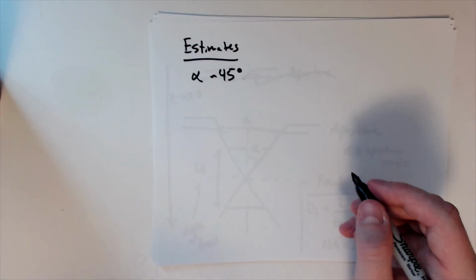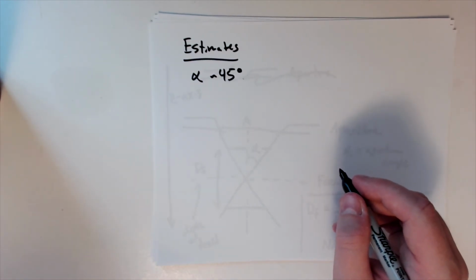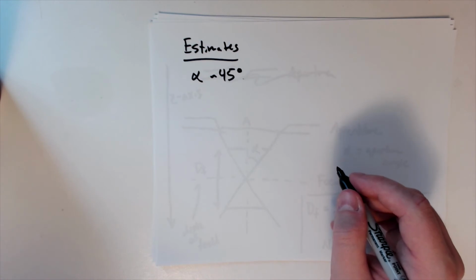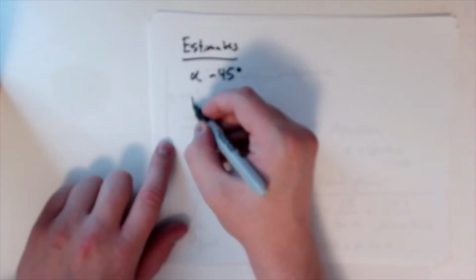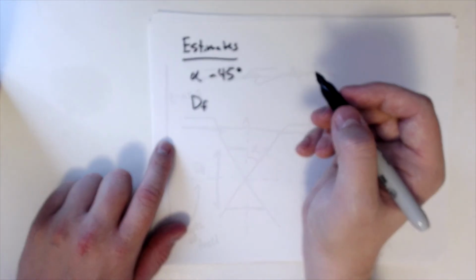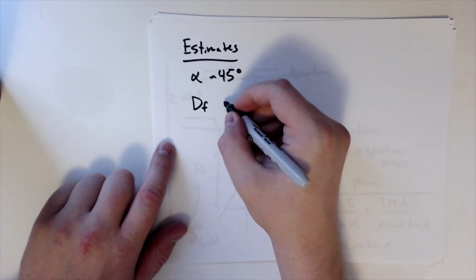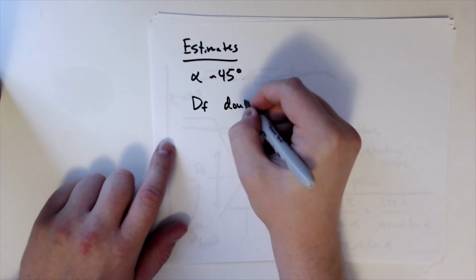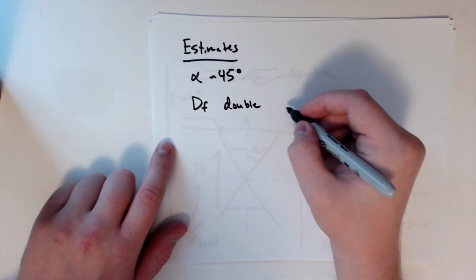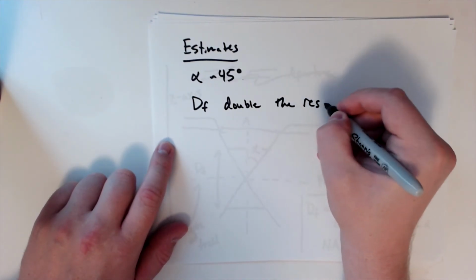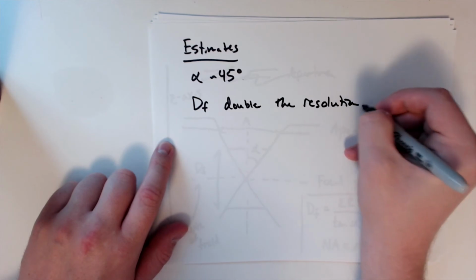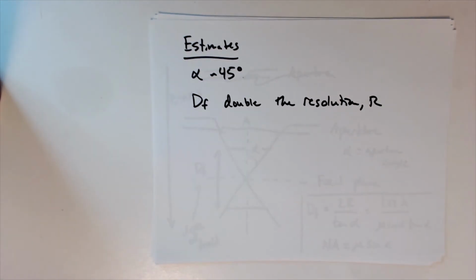If you're just wanting some quick estimates, alpha tends to be about 45 degrees. And also the depth of field is typically about double the resolution, R. So that kind of gives you a quick estimate of those two quantities.